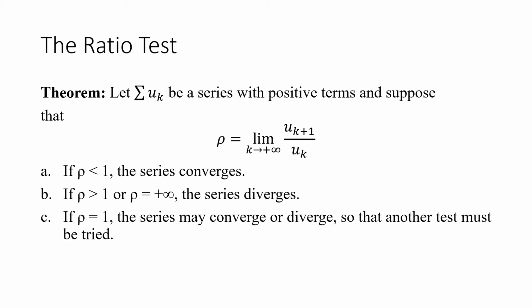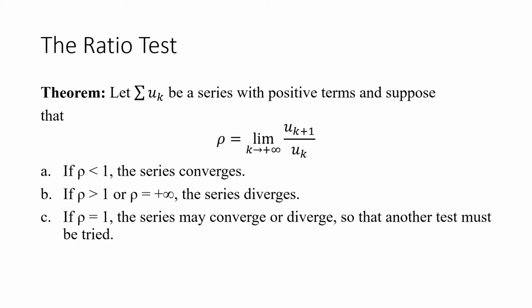In this case, if rho is less than 1, the series converges. If rho is greater than 1, or equal to positive infinity, the series diverges. If rho is equal to 1, the series may converge or diverge, so another test must be tried.